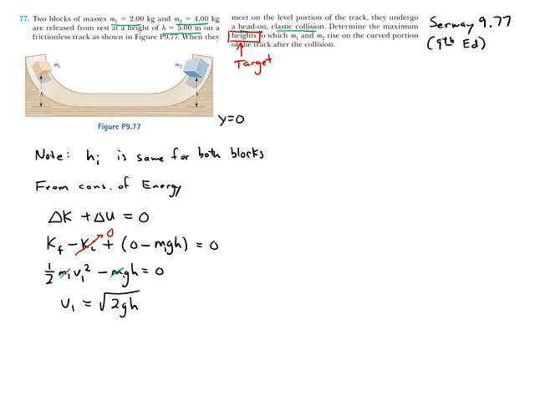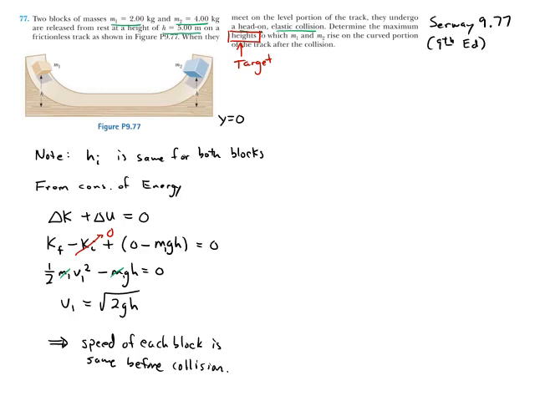So the speed at which the thing is traveling at the bottom depends only on the initial height. And since they both start at the same height, that means that the speed of each one is the same before a collision. So that's going to be helpful for us.